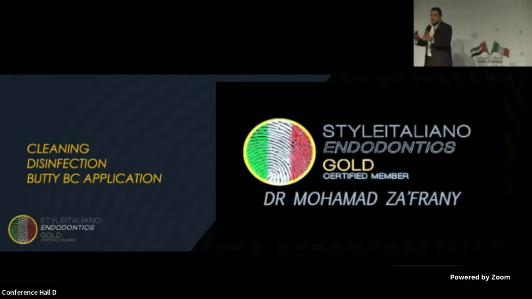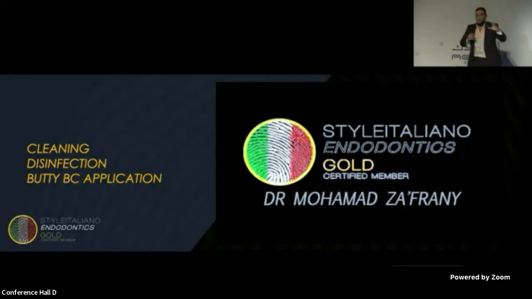So now we saw how, in the literature, it is very important to identify the reason for failure. We know that prognosis is different for cases like perforations and cases like separated files. When you have altered anatomy or unchanged anatomy, you still have a favorable prognosis.